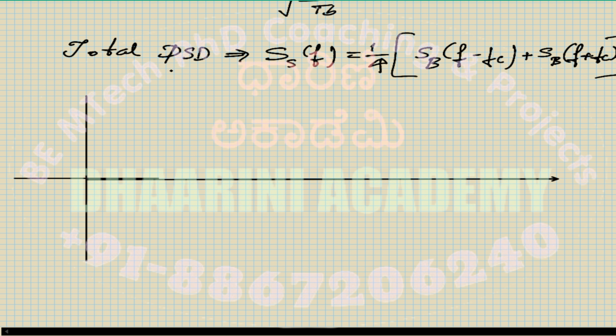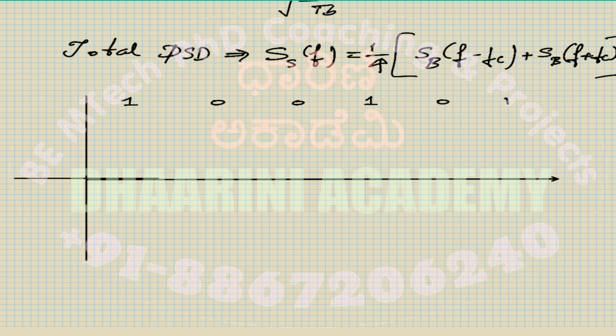Okay, this is the time axis, and I want to send symbols such as 1, 0, 0, 1, 0, 1. Let me divide this space into equal symbol durations first.